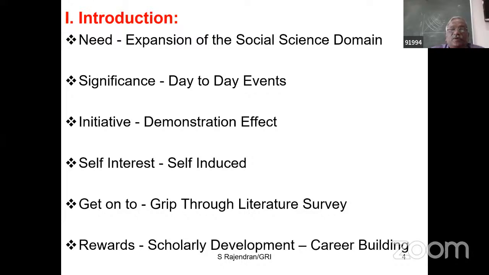If you are taking a sample from your own area, there would be diverse views on the area you are taking up for exploration. Therefore, it is a tougher job, and one needs to be very careful, objective, very shrewd, and also have a right thinking about what is happening in society.